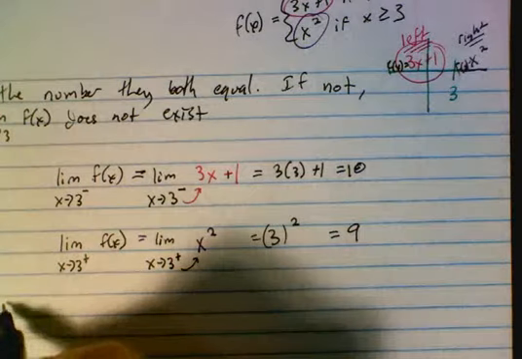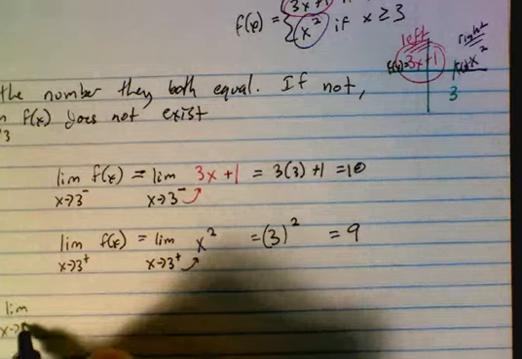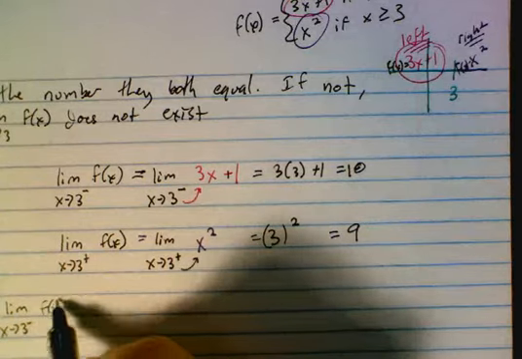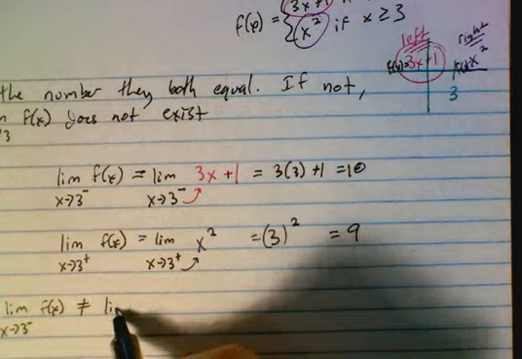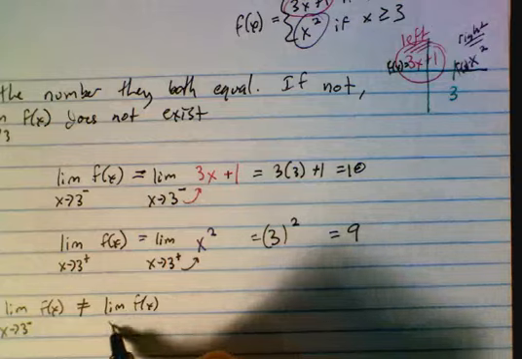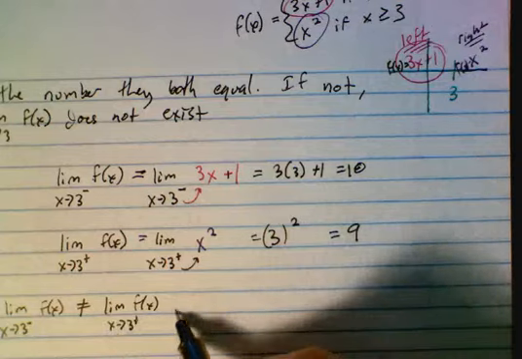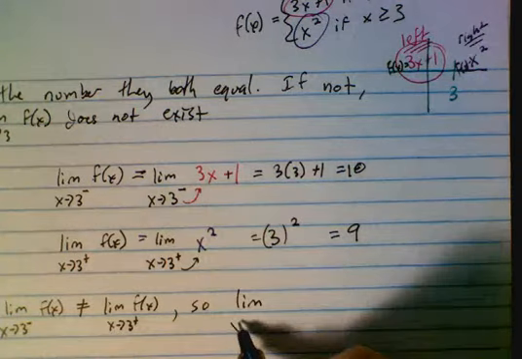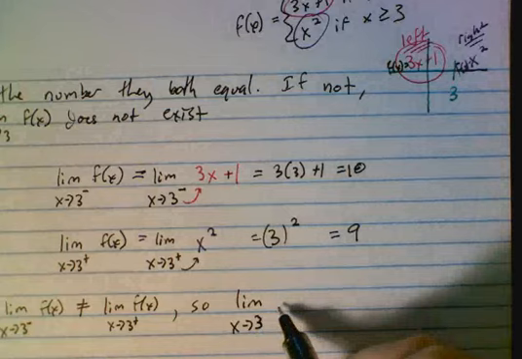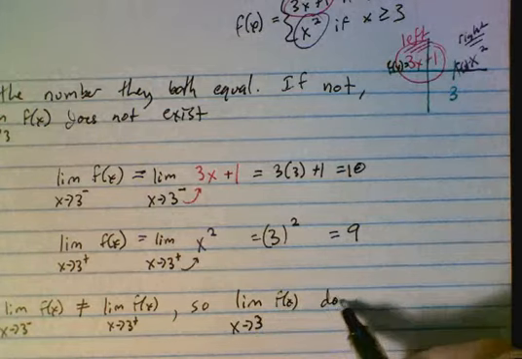Notice the limit as x approaches 3 from the left is not the same as the limit of f of x as x approaches 3 from the right. So the overall limit does not exist.